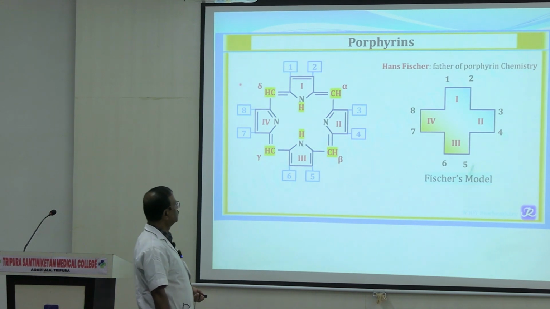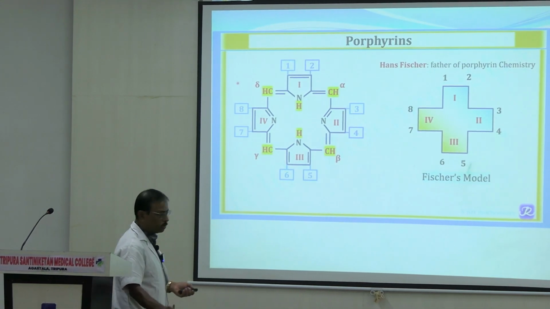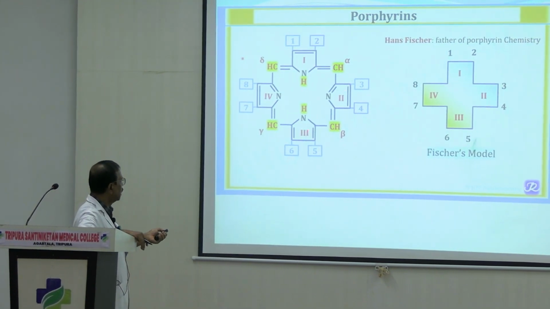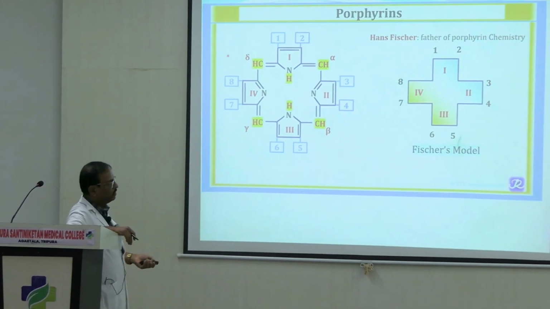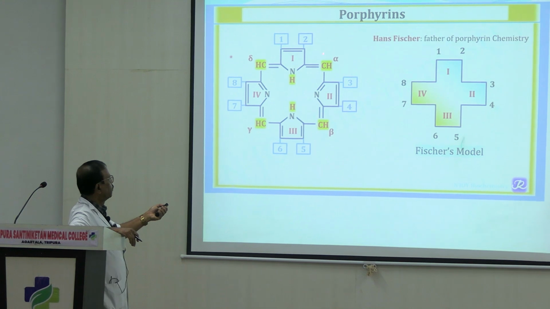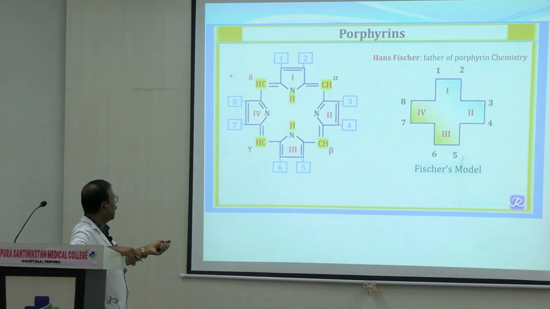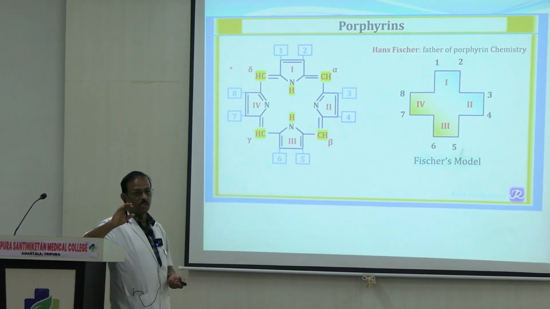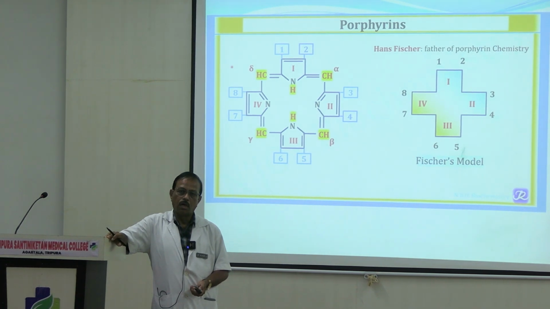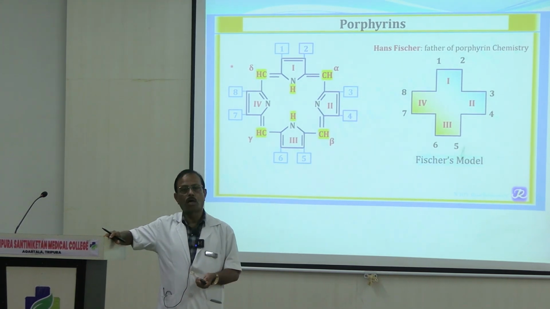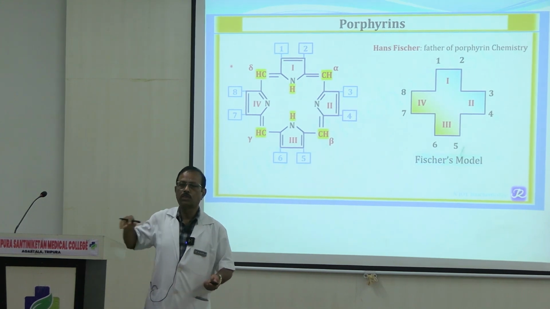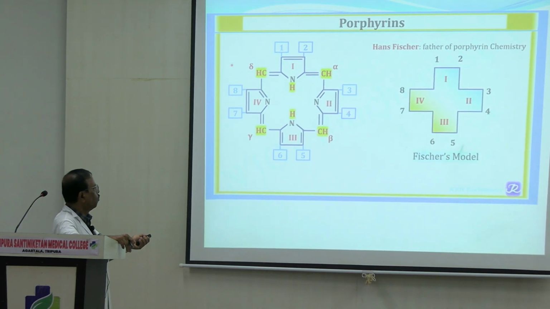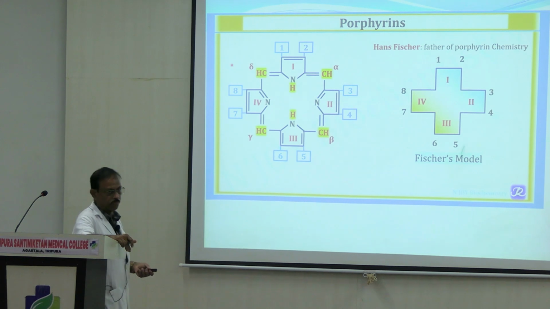Now, the structure of porphyrins. We have already said there are 4 pyrrole rings: first, second, third, fourth, connected by methenyl bridges. The methenyl bridges are denoted as alpha, beta, gamma, delta, and there are 8 hydrogen atoms which can be substituted, at positions 1, 2, 3, 4, 5, 6, 7, 8.